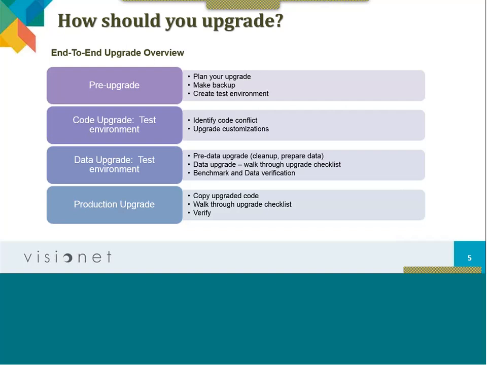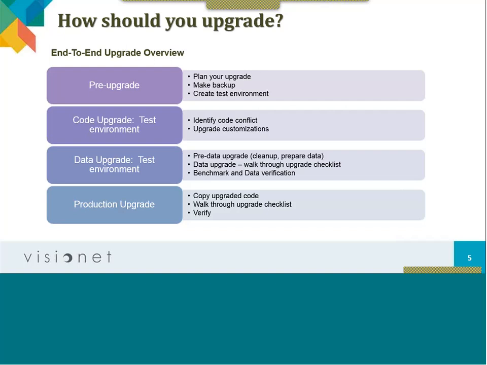So all those sort of things need to be done in advance before you actually jump into the code and the data technicalities. And the code upgrade is mostly to do with your custom code. So obviously, if there is no custom code, then there is no need for a code upgrade. That really doesn't exist. There's obviously custom code out there.